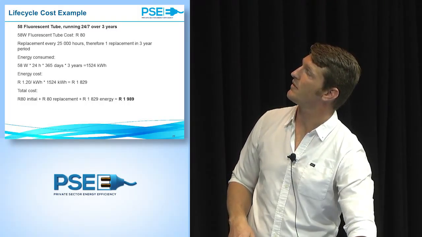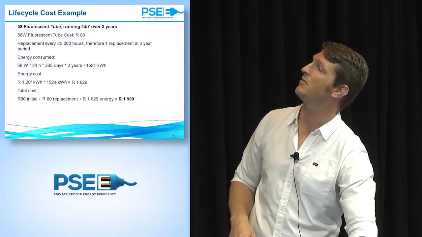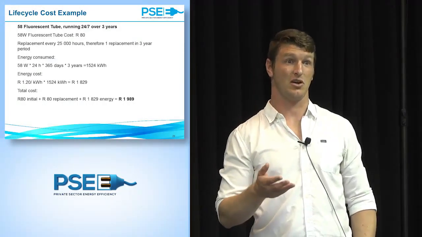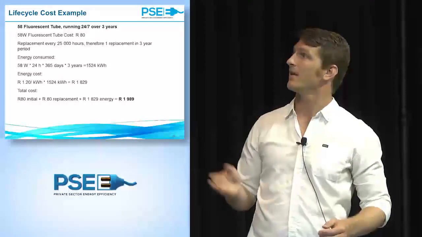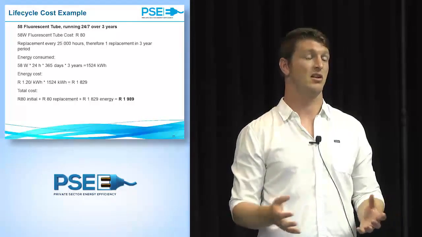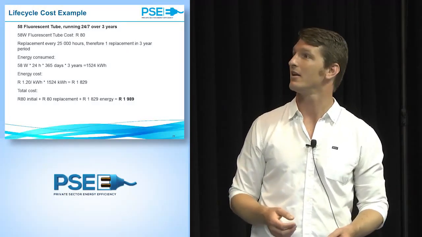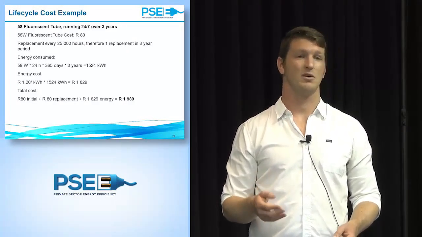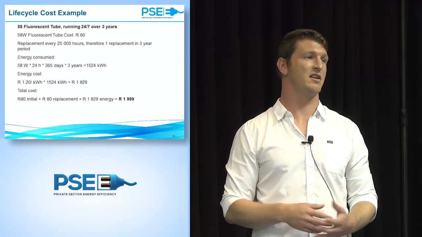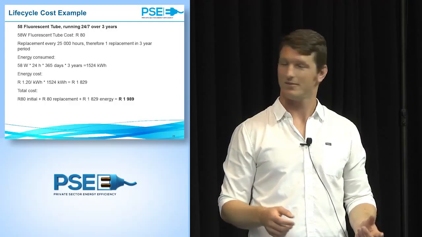Okay, so let's use 80 Rand for the cost of the 58 watt fluorescent, and 300 Rand for the 20 watt LED tube. You guys want to go for it, see how much it'll cost to run over a 3-year period, 24/7.